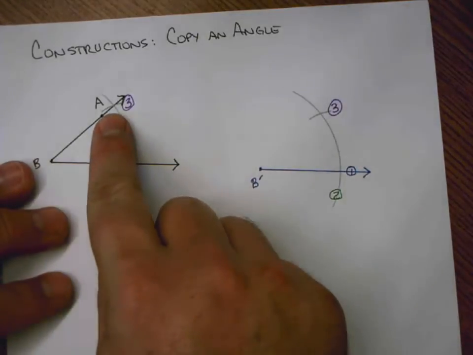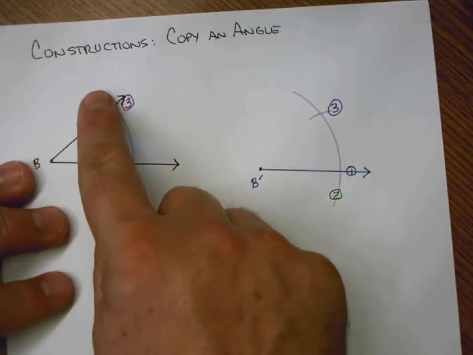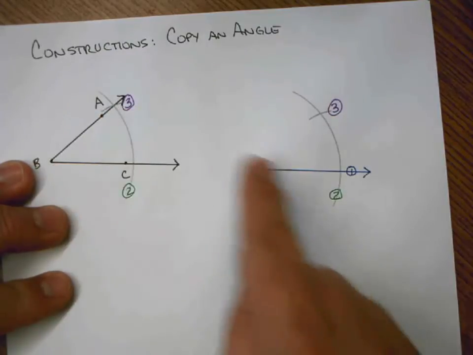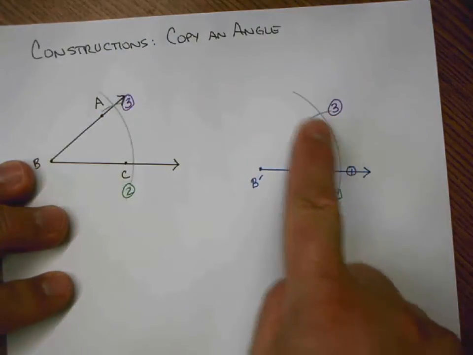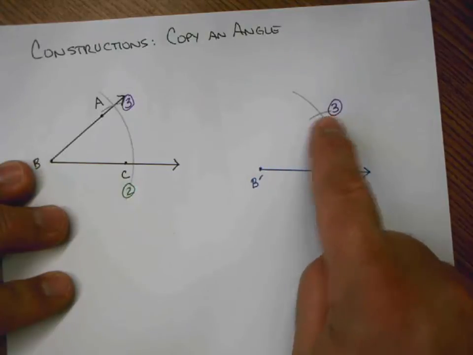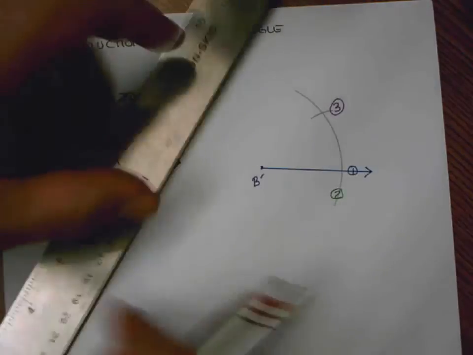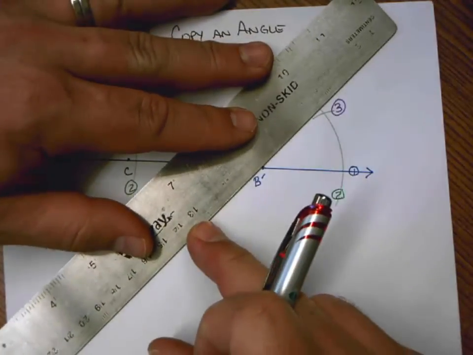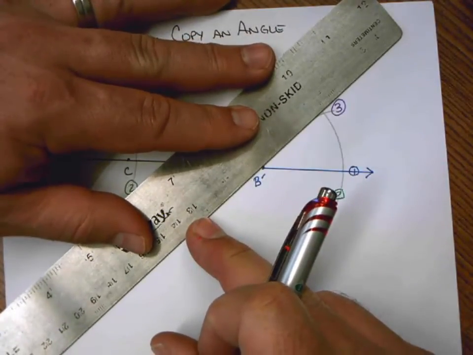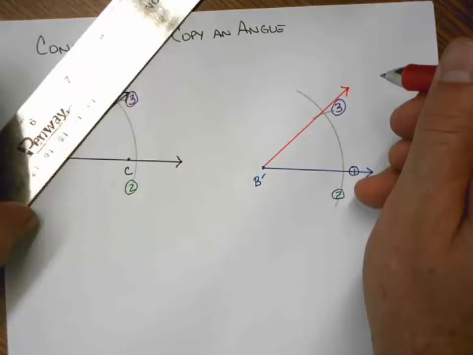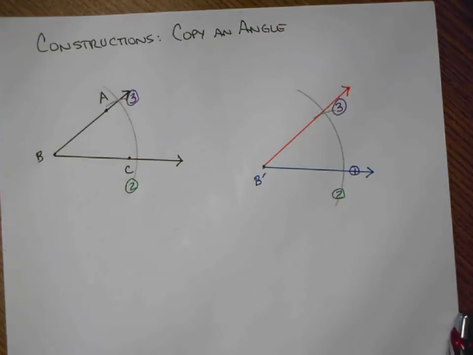And since this spot is the intersection of my initial arc and my new arc and the ray, this corresponding intersection is this arc, therefore it can be the intersection of the ray. I can take my straight edge and from B through that point of intersection of those two arcs, construct my second ray, which will produce two angles that are congruent.